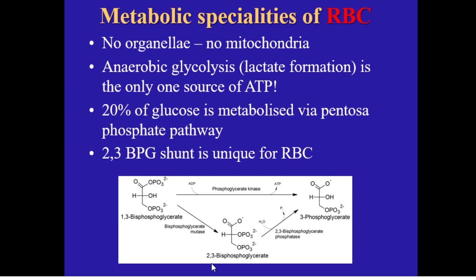But by the action of a specific enzyme, bisphosphoglycerate mutase, the special molecule 2,3-bisphosphoglycerate can be formed, and it's a very important regulator of the function of erythrocytes, we will see later.